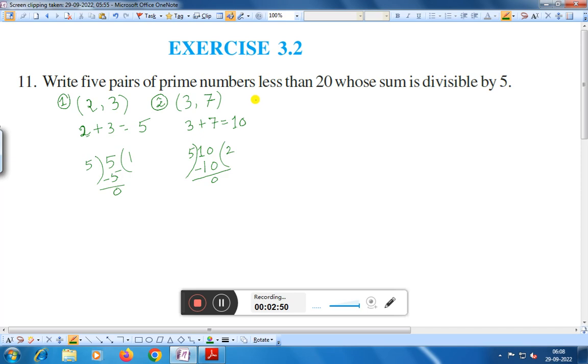Now if we take third pair, suppose we take 2 and 13. 2 is also a prime number and 13 is also a prime number and they are also less than 20. Right? Now if we add 2 plus 13, it is equal to 15.